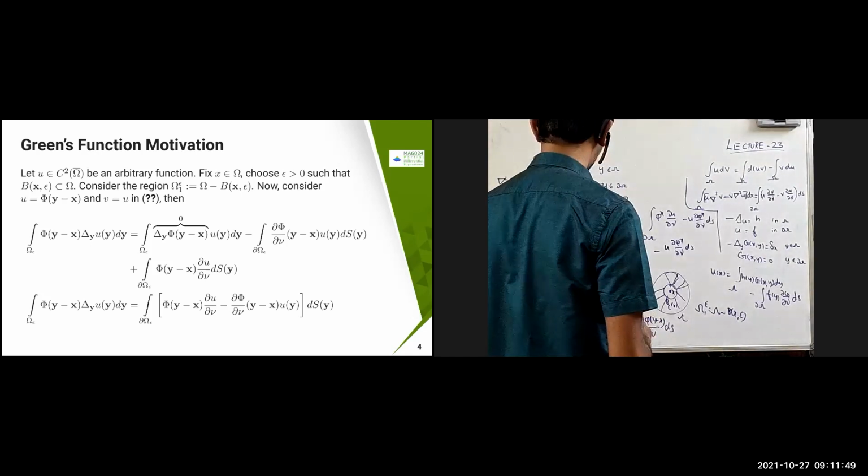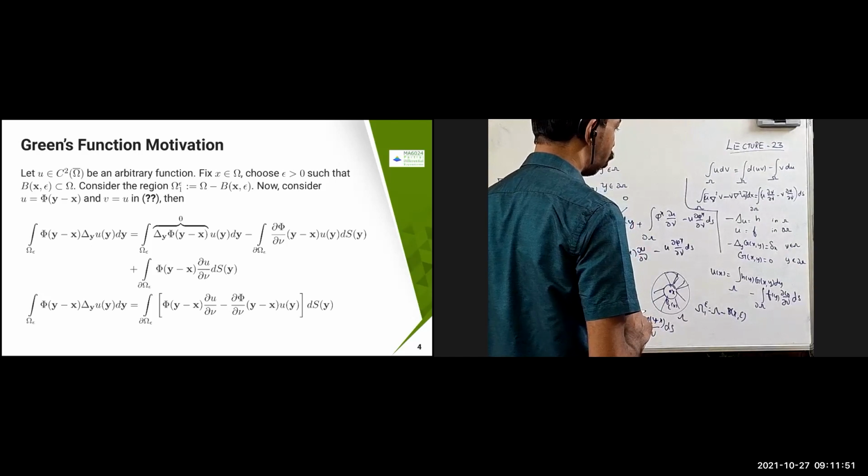I'm just going to find this for omega epsilon, that is omega 1 epsilon or omega epsilon.